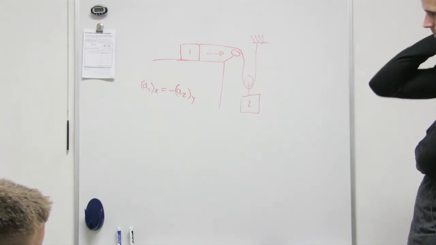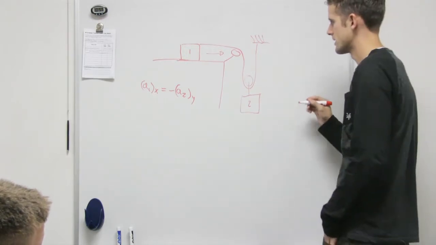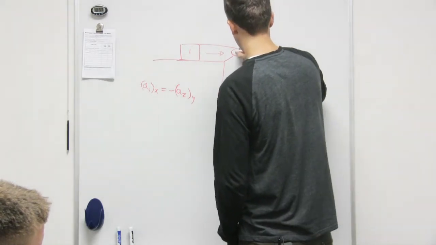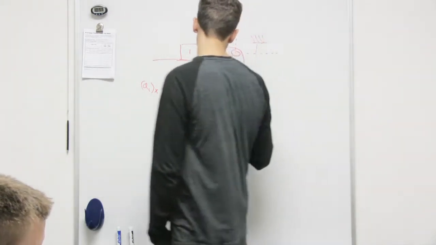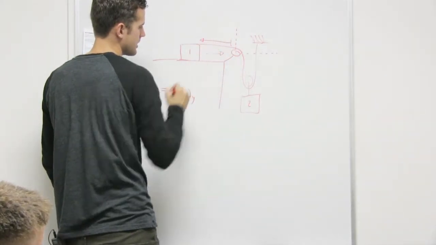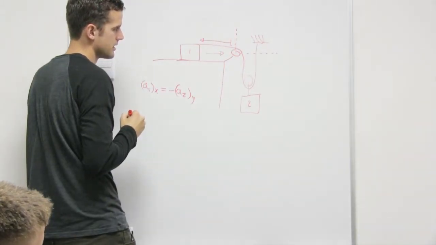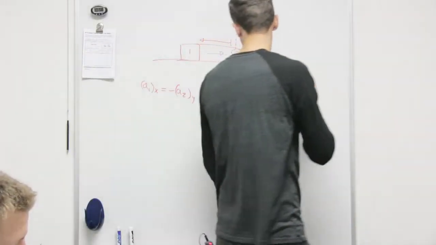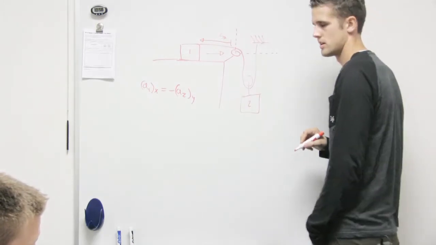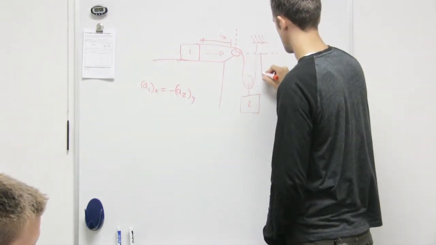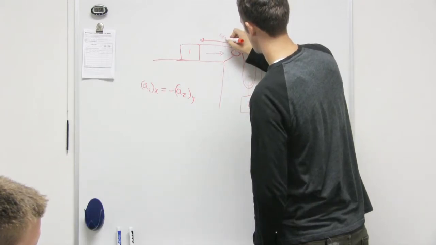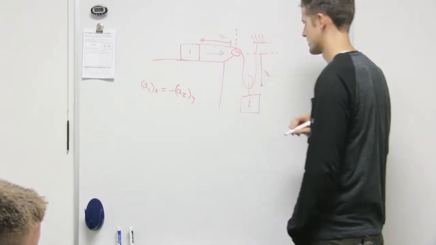What you can do here is ask, what's this point? So this length here you could call the position of A, and this length here, position 1. S1 and S2.